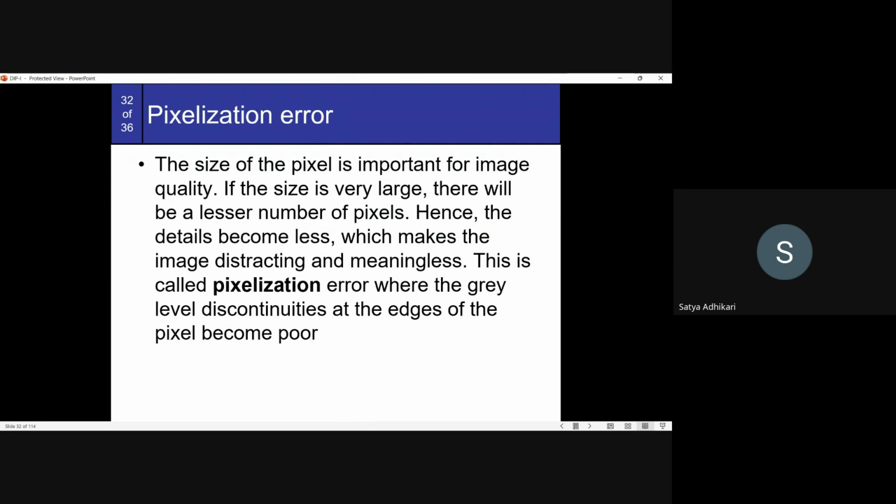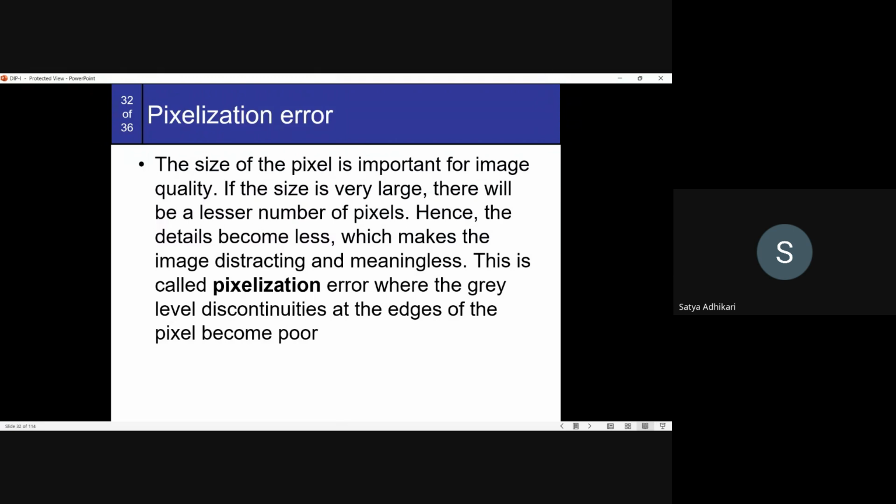The size of the pixel is important for image quality. If the size is very large, there will be a lesser number of pixels, obviously, as your screen size is fixed.